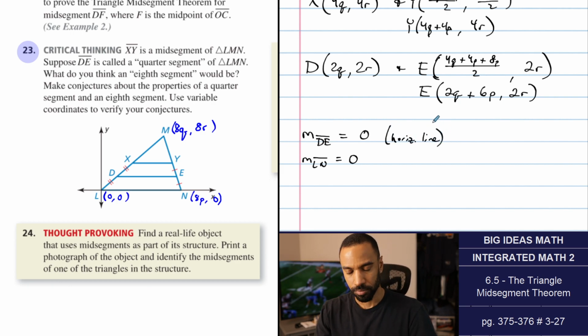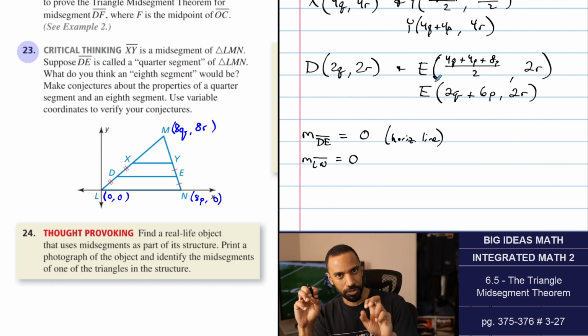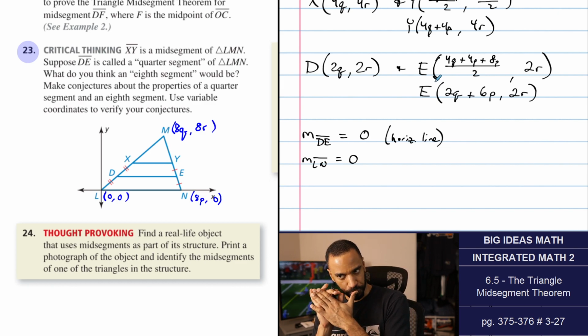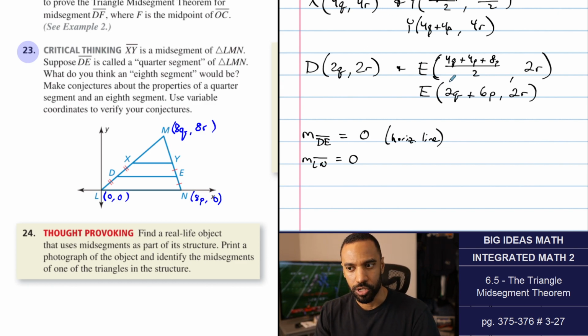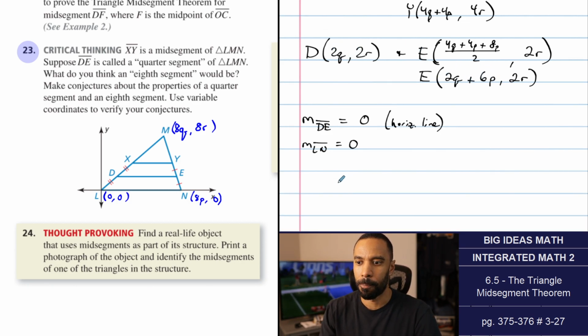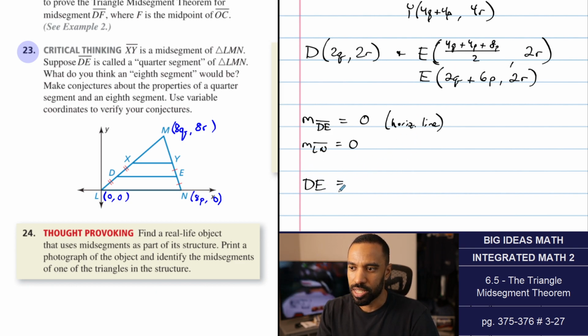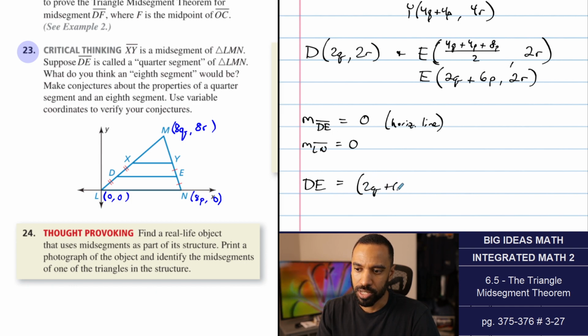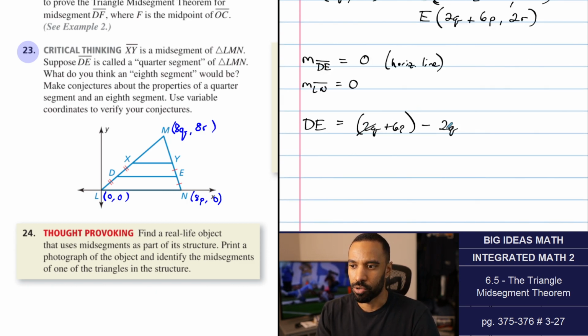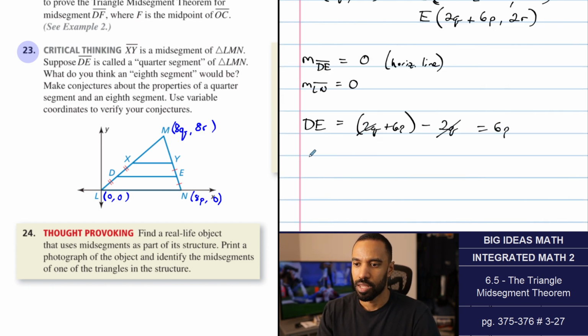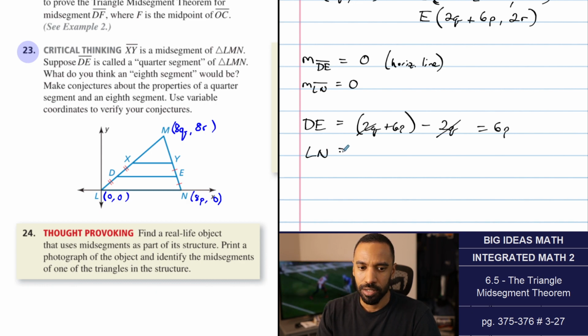Okay. Distance-wise, we get to use that ruler postulate. Basically, we don't need to compare the y's. The y's are just 0. We don't need to use the whole distance formula. We just have to subtract this distance from that distance. So the length of segment DE is going to be, we're going to take 2Q plus 6P and subtract 2Q. So subtract those and you get 6P. Now the length of LN goes from 0 to 8P, which is 8P.